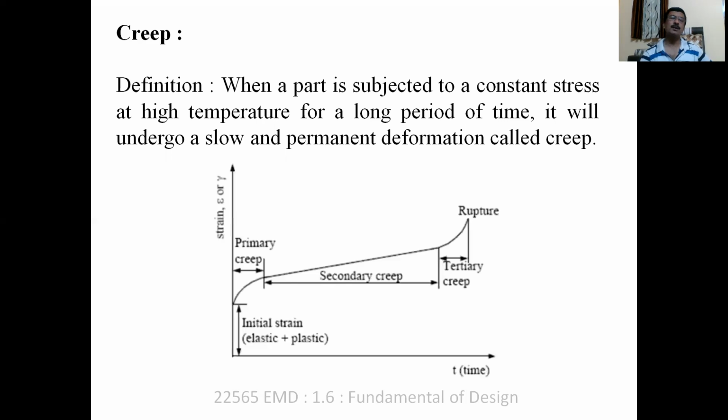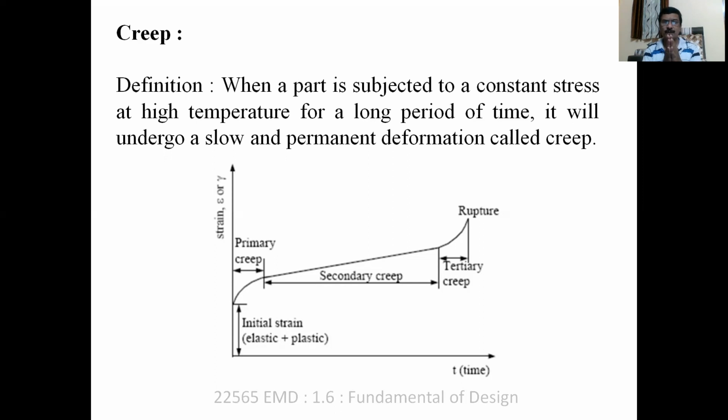As it is a deformation, strain is important, so there is a strain versus time graph. If you look at this graph, you will find that initially there is a primary creep, after that a secondary creep, and after that a tertiary creep. In the primary creep, the strain increases very fast as compared to time in the initial phase.